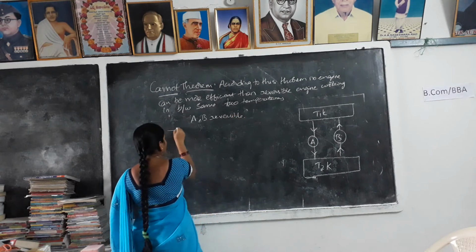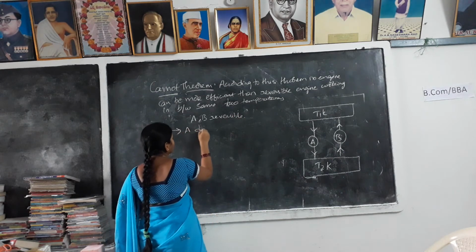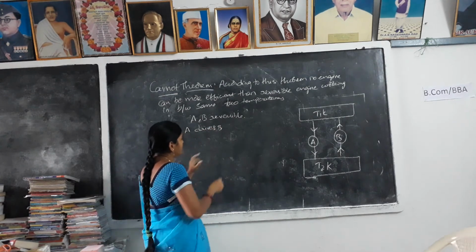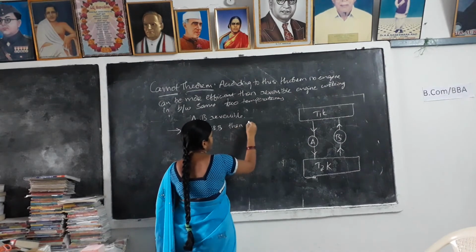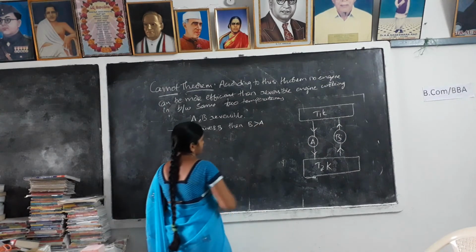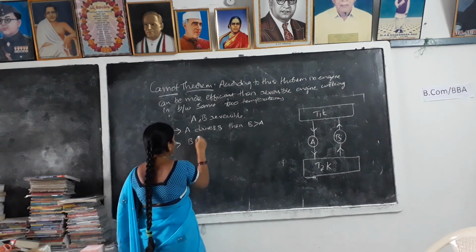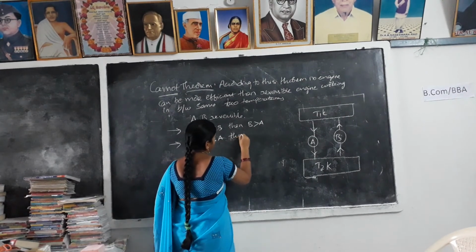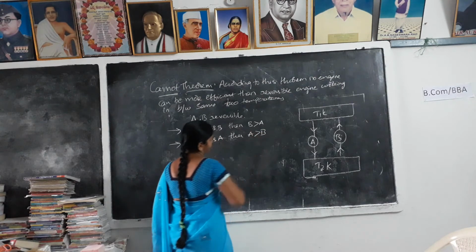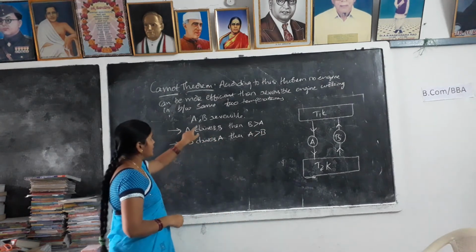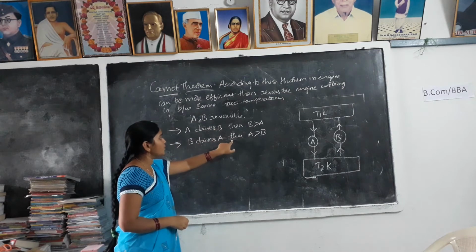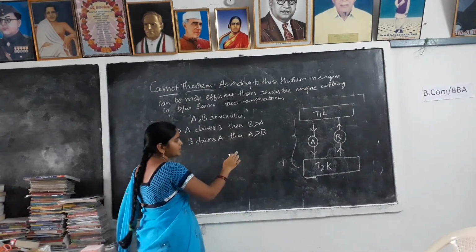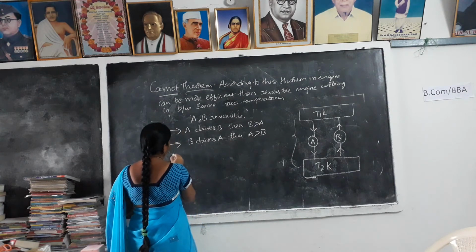So here, first A drives B. If A drives B, then B is greater than A. If B drives A, then A is greater than B. That means what? A reversible engine depends upon the two temperatures, but it does not depend upon the working substance.